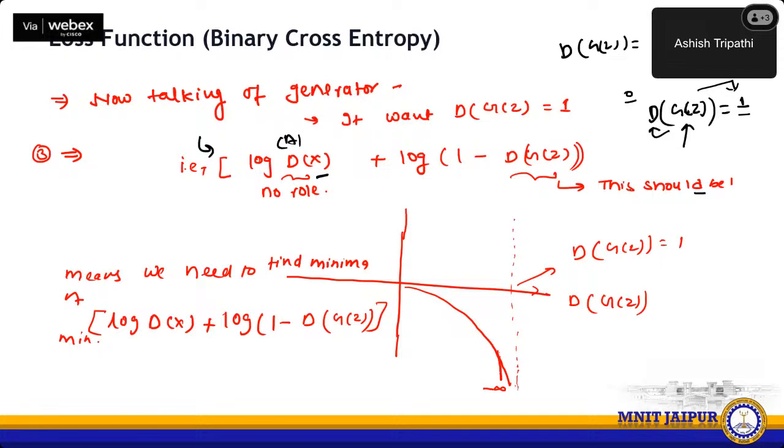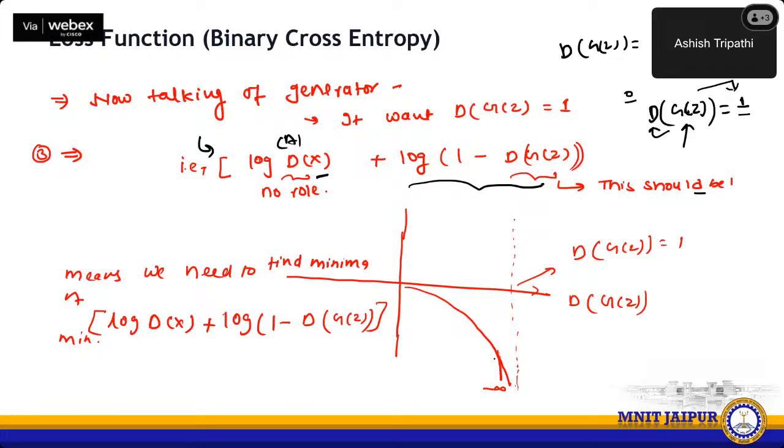I hope you are getting this point. So if this should be equal to 1, then this whole statement should be minimized. So where will we get this minima?